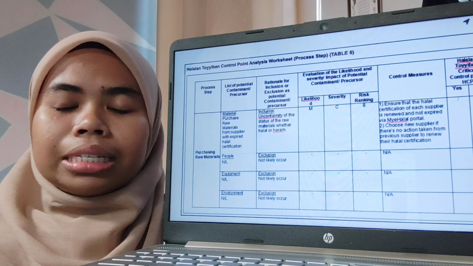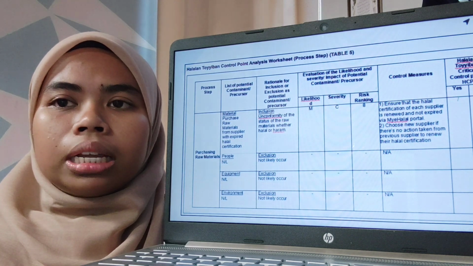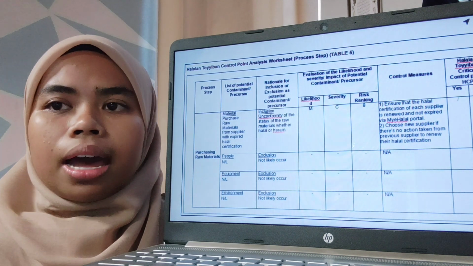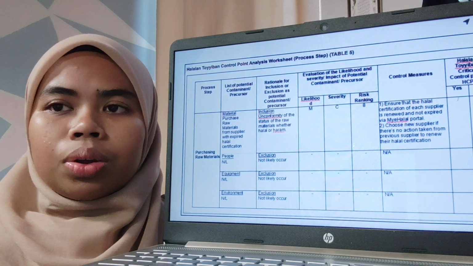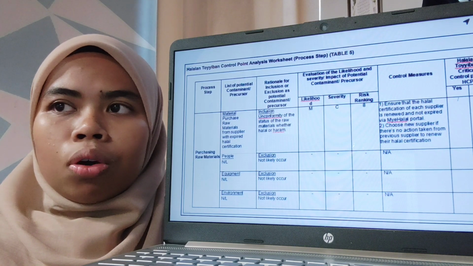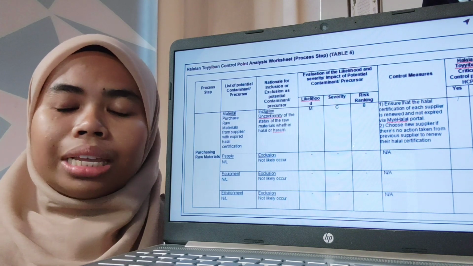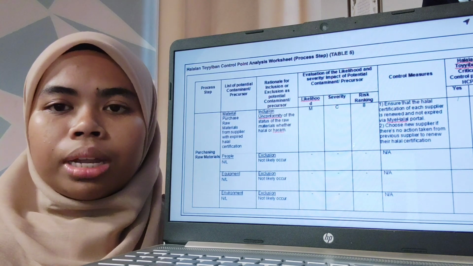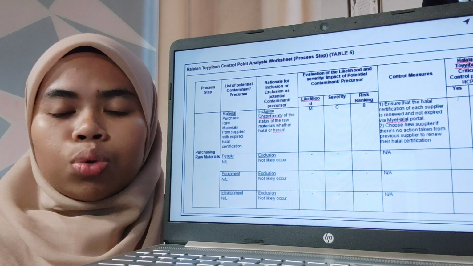So for the people, it is not listed because it is not involved in people because we only purchase, and it is an exclusion, not likely to occur, and there is no applicable control measure, and it is not a halal control point. For the equipment, we also don't use any equipment.